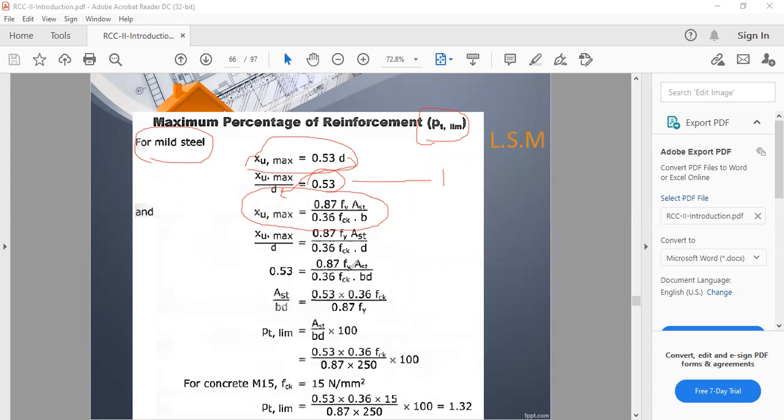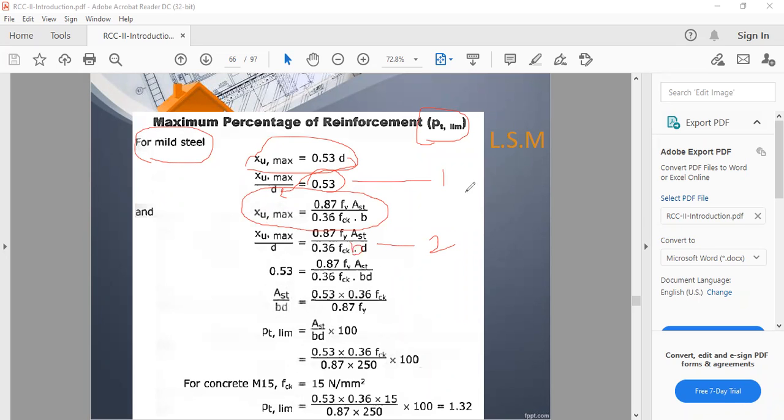Now if you simply divide it by D, you will get the second equation. So this is going to be B into D.